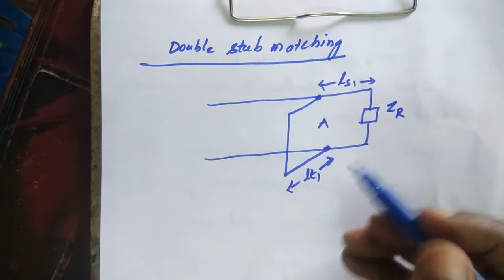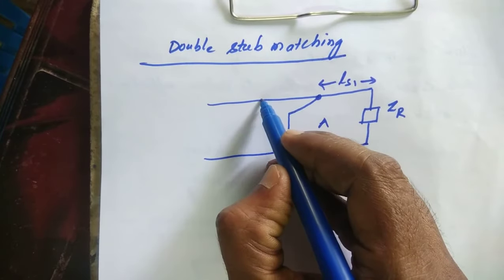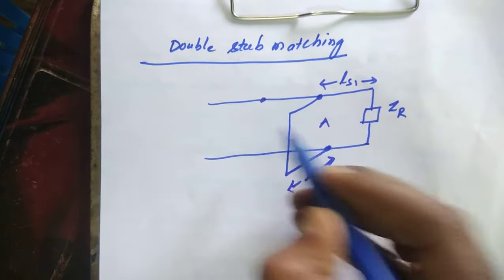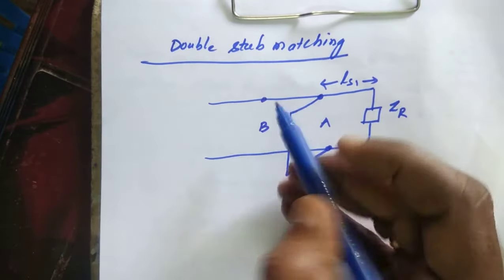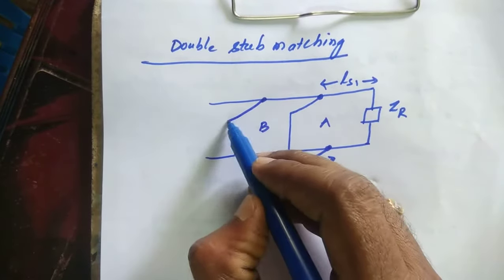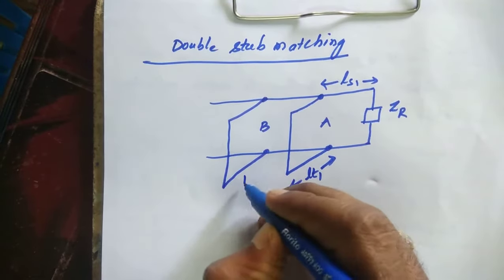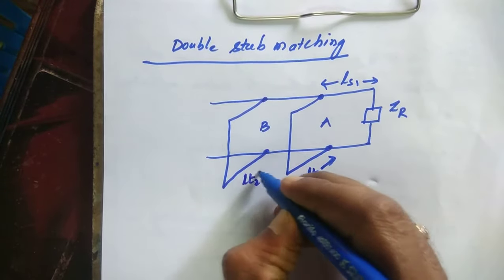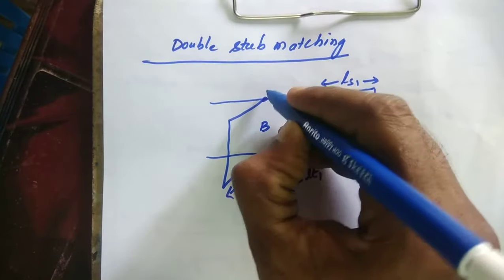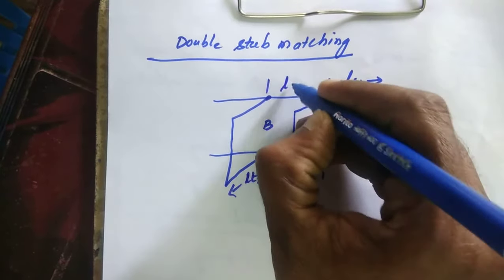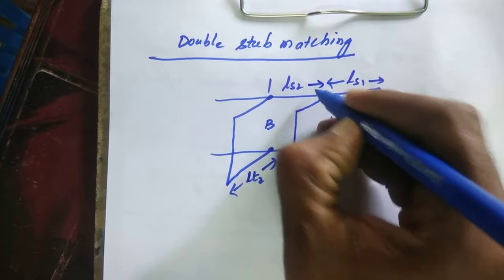Similarly, we consider a second stub at position B whose length is LT2 and the location of the stub is LS2.